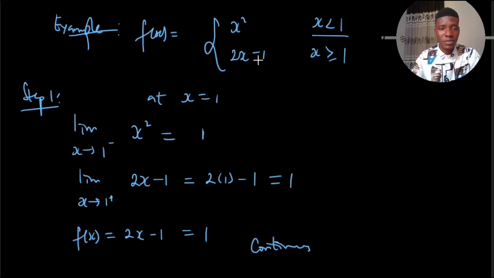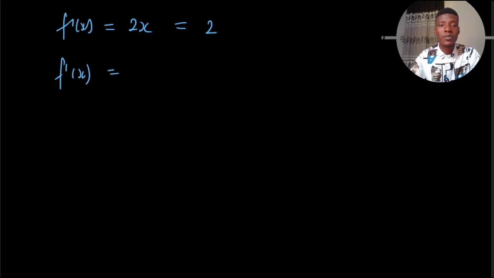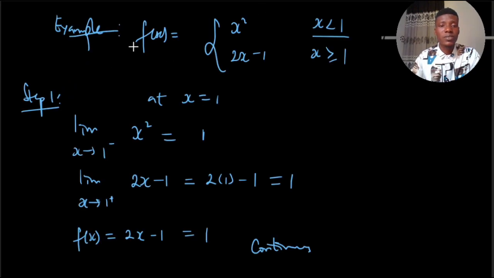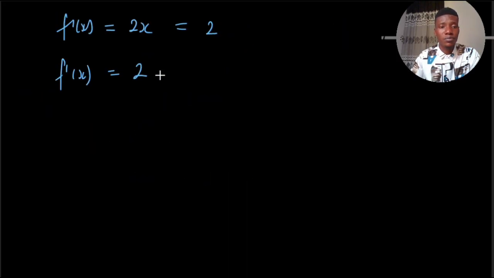This is the function x squared. When you differentiate x squared, what do you have? You have 2x. When you substitute the value of x, which is 1, you have 2. And when you differentiate the other part, the second formula, you also have 2.